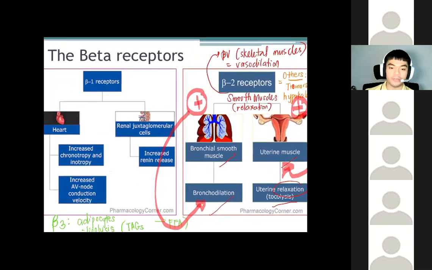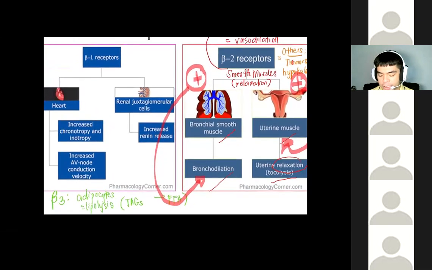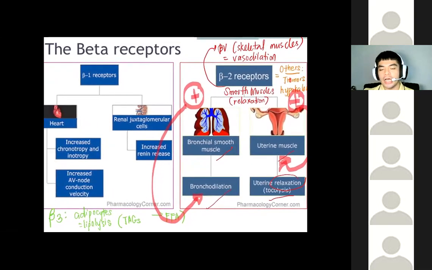So again, lipolysis is the process wherein triglycerides or triacylglycerols are hydrolyzed into free fatty acids. Sa madaling salita, pag may lipolysis, yung pag-swell ng adipose natin ay napapaliit, nagsi-shrink siya. Lumiliit ang size ng adipose kasi yung triglyceride natanggal.